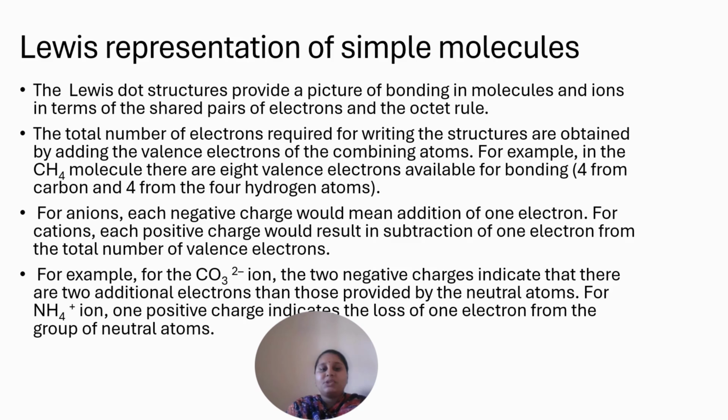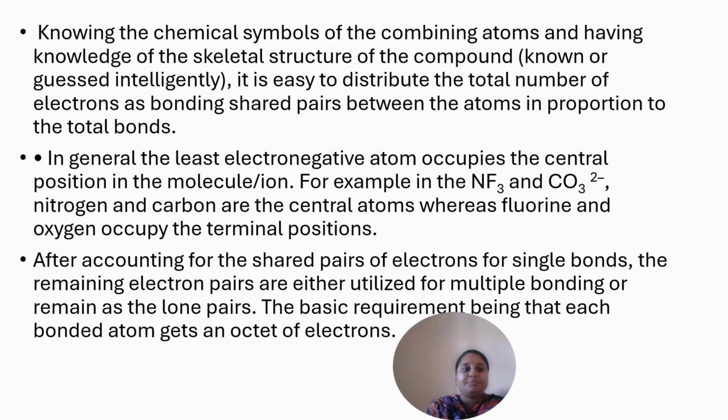So the next topic is formal charge. The formal charge of an atom in a polyatomic molecule or ion is defined as the difference between the number of valence electrons of an atom in its isolated or free state and the number of electrons assigned to that atom in the Lewis structure.